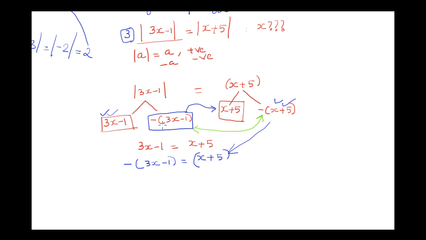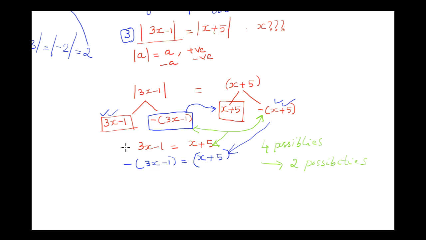But when you cancel the negative, you get this same result. So though there are four possibilities, effectively you have only two possibilities. Those two possibilities are written here. This is the first one and this is the second one.